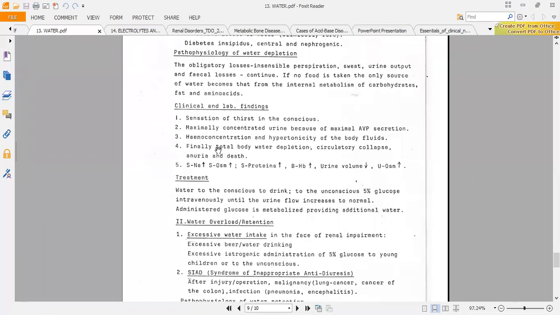Okay, and then for someone whose water loss is as a result of reduced intake, this person will produce high levels of vasopressin. Okay, but if the person's water depletion is caused by inability to produce vasopressin, then the person will have a state in which the person's vasopressin level is low.